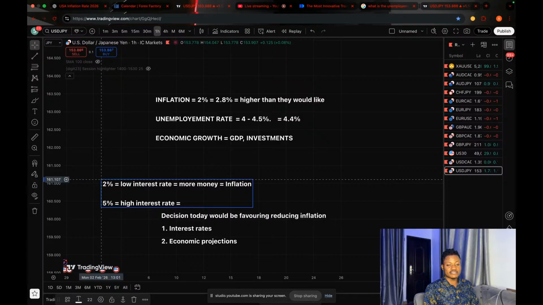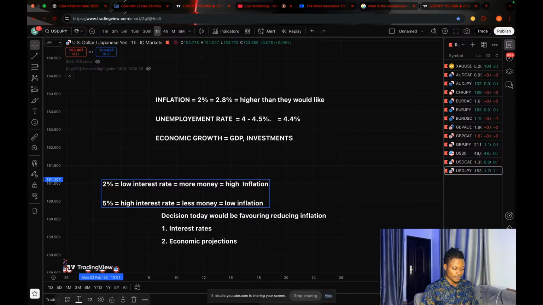So people would be less likely to want to collect loans. They'll just be managing what they actually have. So we'll have less money in circulation, and inflation is going to come down. So this is high inflation, and this one is going to be low inflation. Are you with me?